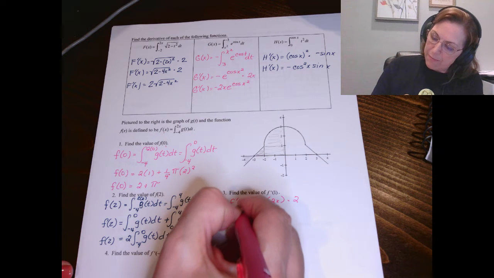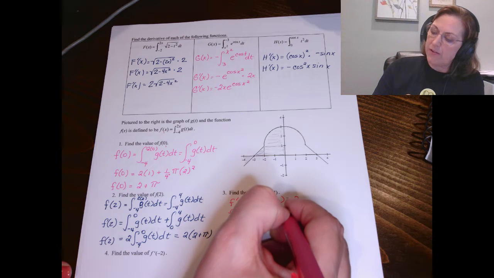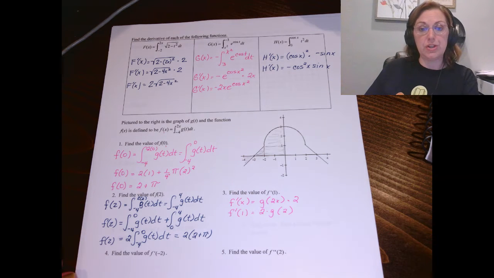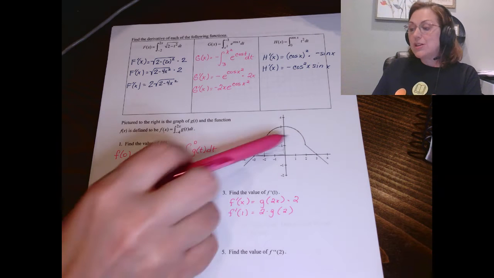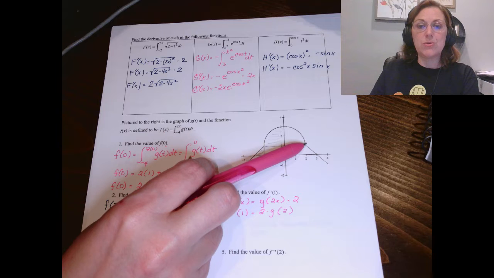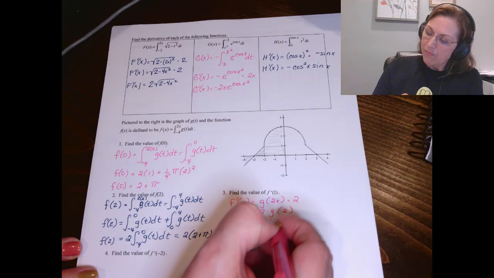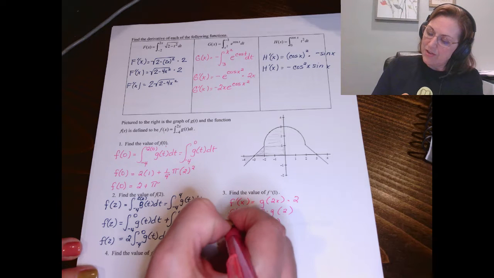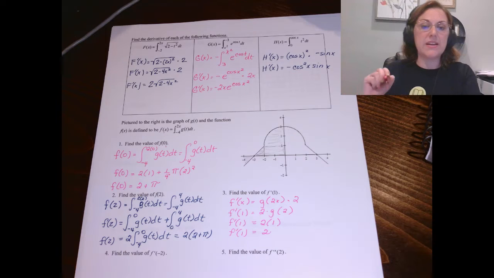Okay, so f prime of 1 will be 2 times g of 2 times 1, which is 2. Now remember, g of 2 is your y value at 2. So your y value at 2 is actually 1. And so you get the derivative at 1 is 2.